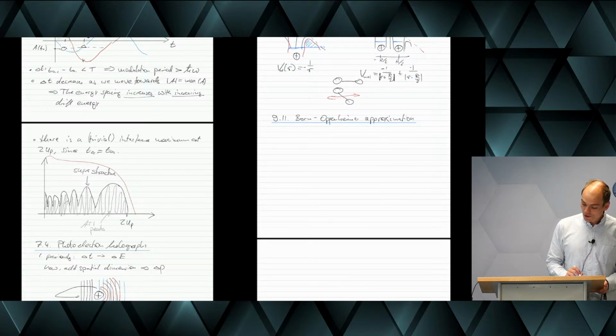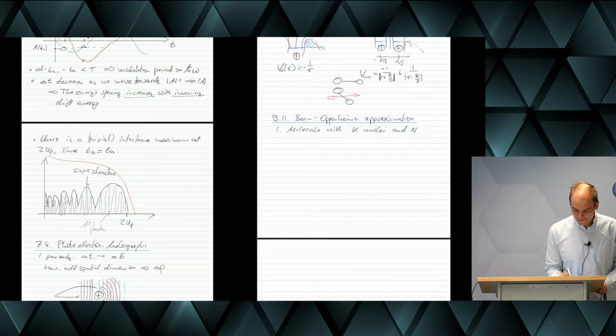Okay, so let's assume we have a molecule consisting of a certain number of nuclei K and a certain number of electrons, capital N. Well, these are only the valence electrons, yes?